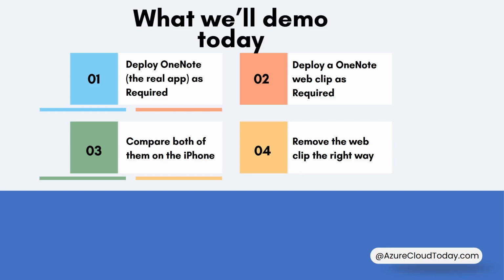Since this is a BYOD device enrolled into Microsoft Intune, the store app install won't be silent and the user would be asked before the app installs. The web clip, on the other hand, will go on its own and it's completely normal. We'll see both of them in action live on our iPhone. So let's get into the Intune Admin Center and configure this together.